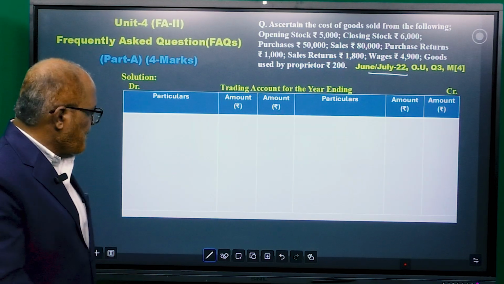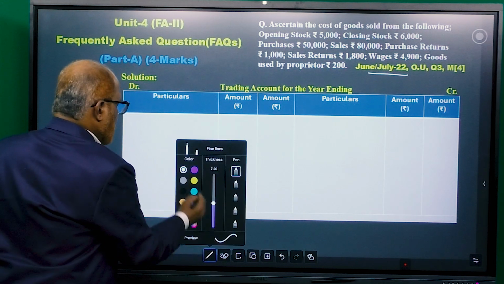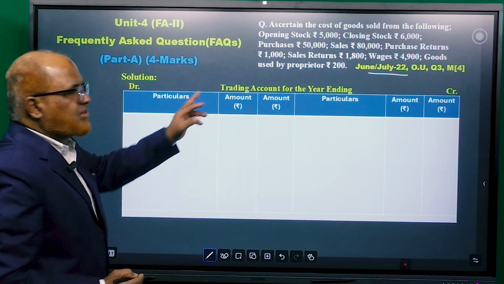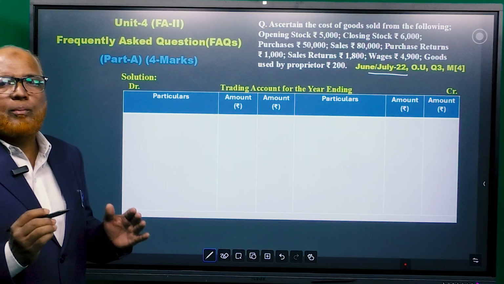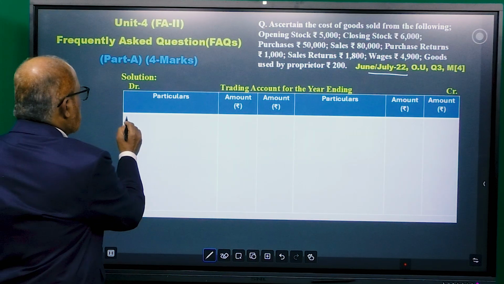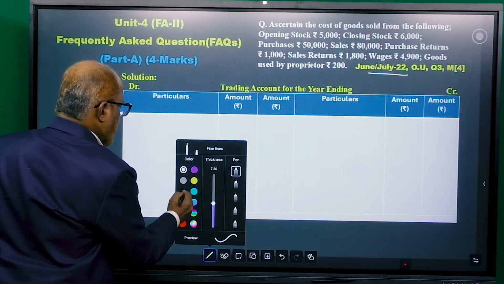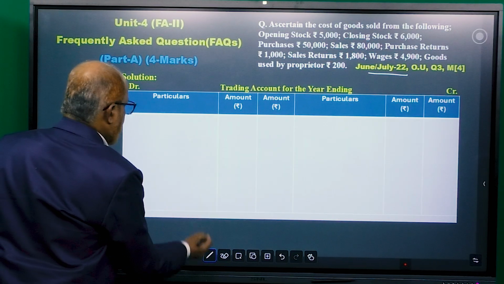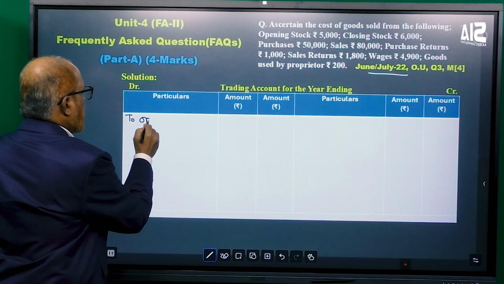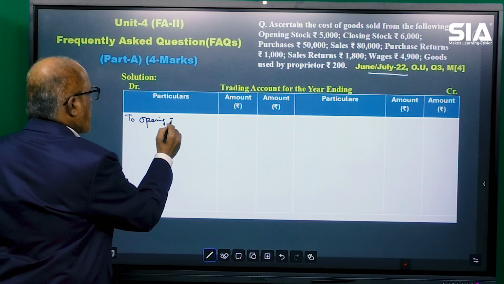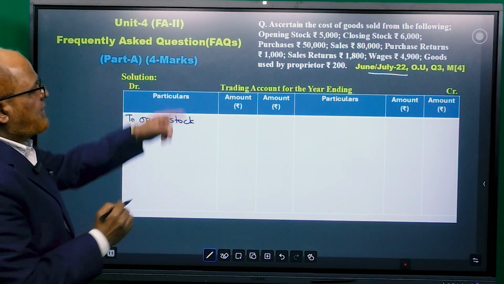Now we'll start. First of all, remember the items to be taken on trading account. Debit side, always we begin with opening stock. So always remember to write opening stock. The opening stock given in the problem is 5,000.